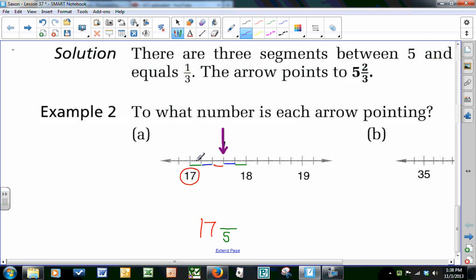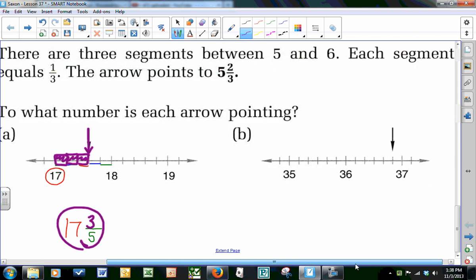I have 1, 2, let me touch them, 1, 2, 3. So 3 is my numerator. If you think about it, I have 1, 2, 3 segments past the 17, or 3 segments out of 5. So my mixed number is 17 and 3/5.